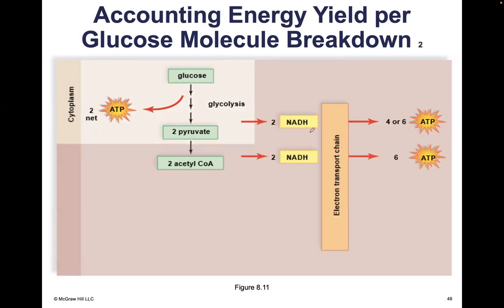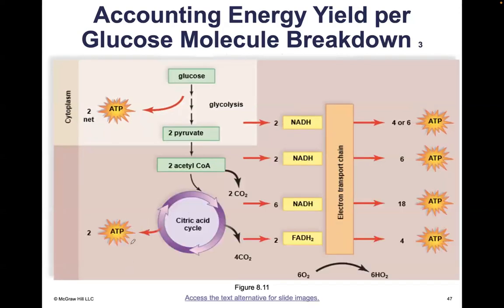This is in the production of 2 acetyl-CoA. So why does this say 2 or 4? Because this procedure will happen 2 times, and it's going to produce 2 ATPs. For acetyl-CoA, 2 NADH are used in the system and 6 ATPs are produced. Then the citric cycle produces 6 NADH. 6 NADH will lead to the production of 18 ATPs, and 2 FADH2 will lead to the production of 4 ATP.